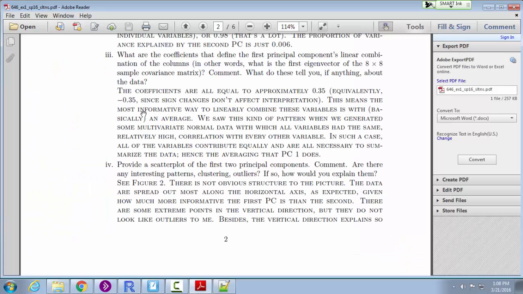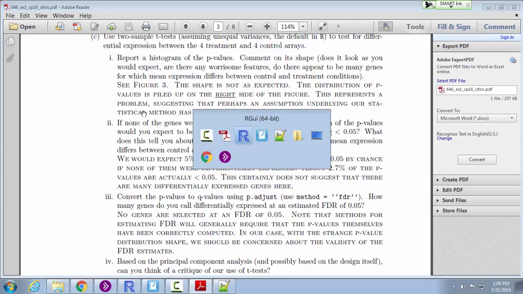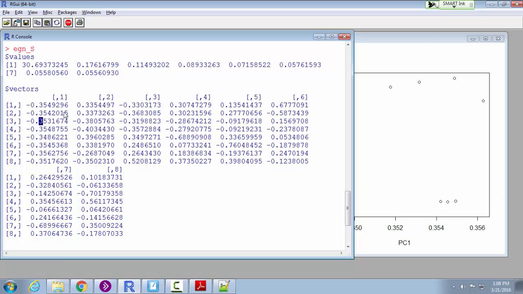Okay, so one last thing on the exam. When we did PCA, we got this as the coefficients that make the first principal component, and that looks exactly like what we've seen in other examples in the class, and in particular, exactly like what we saw when we simulated some data.